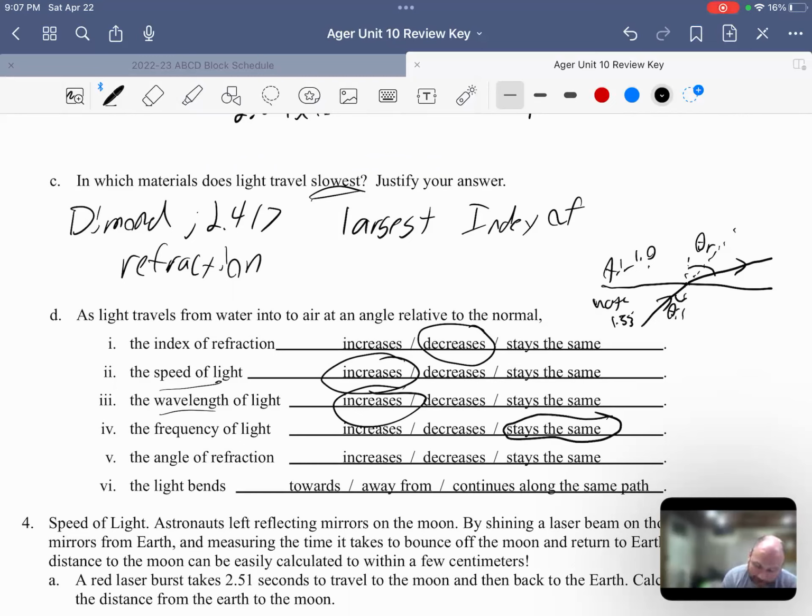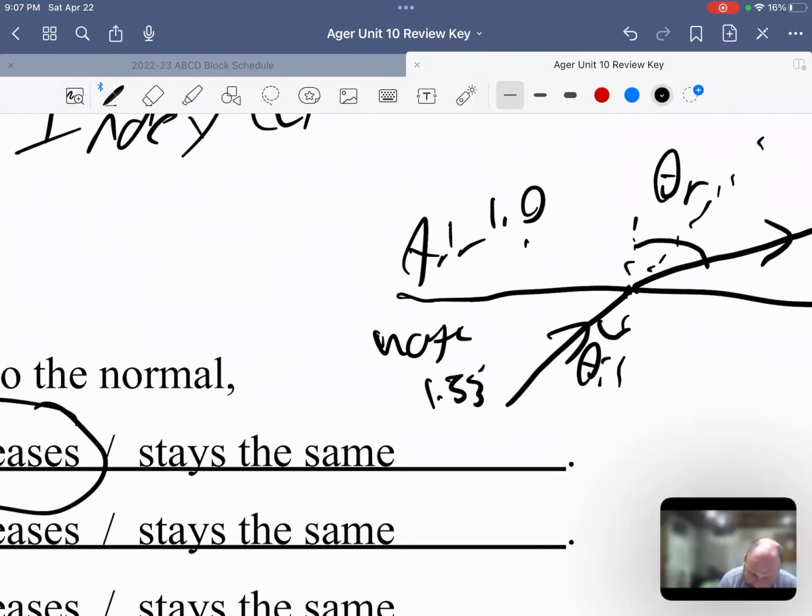Angle of refraction. I think technically what we're saying here is it gets bigger, it increases, but really this would be relative to the incidence. Right? So it's asking you these two angles here, comparing this one to this one, how do they compare?